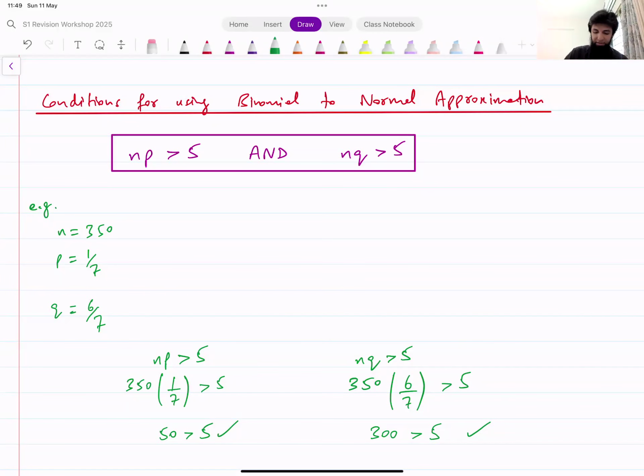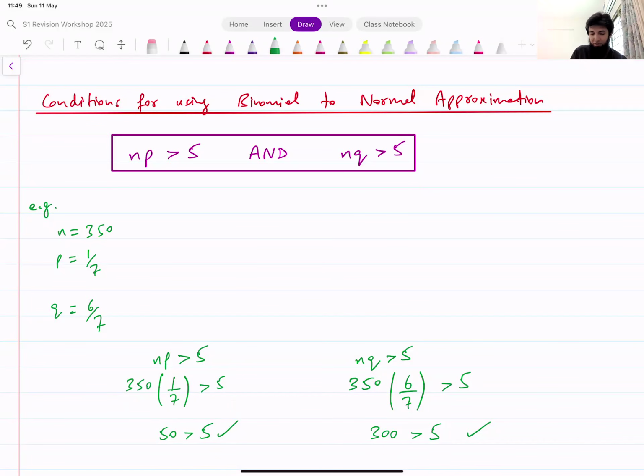For example, in this case, n was 350. Probability of success was 1/7. So n times p is 50. 50 is greater than 5, which satisfies the condition. N times q is 300. 300 is greater than 5, which satisfies the condition. Both conditions are satisfied here, so in this case it is appropriate to use this approximation.